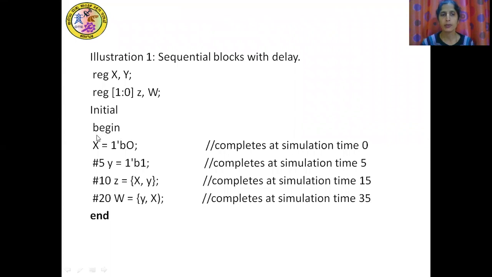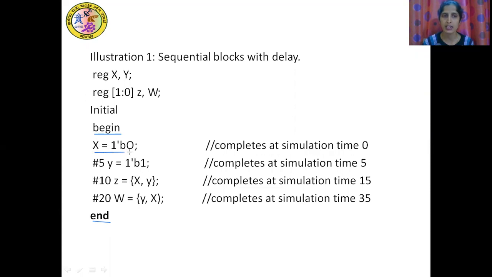As we came to know just now, we are enclosing the sequential statements between the keywords begin and end. All the statements written within begin and end are called sequential statements, or the execution of the statements within begin and end is said to be sequential in nature. Within begin and end we have four statements.